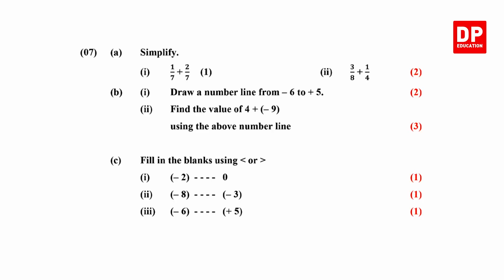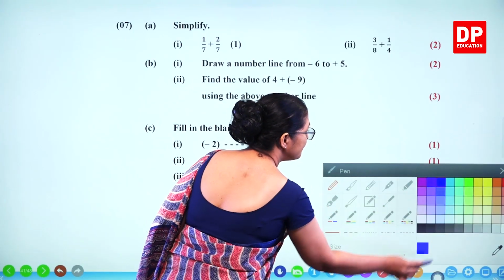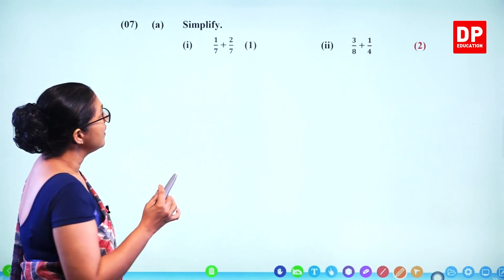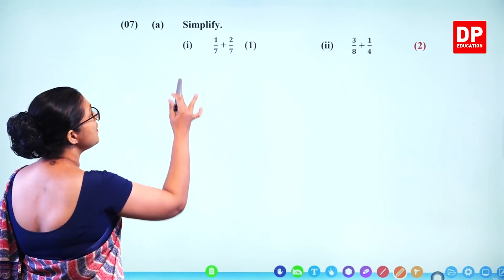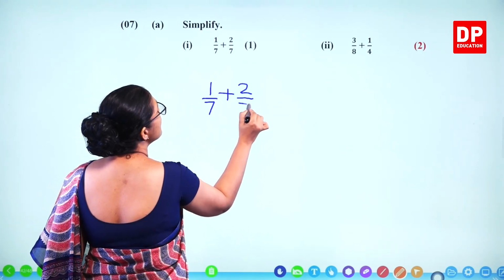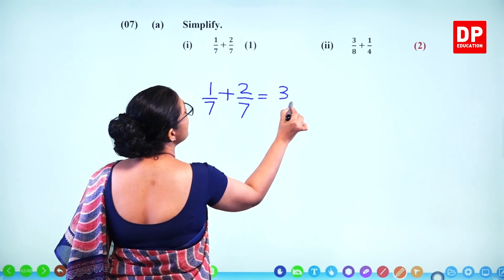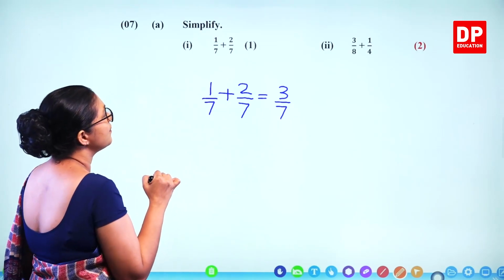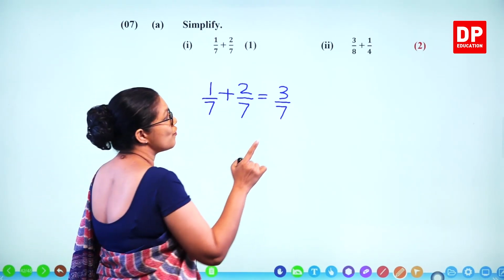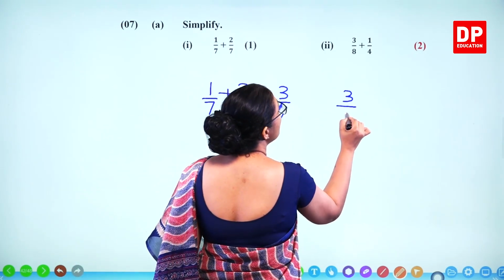Let's do the last question, question number 7. Simplify. Fractions addition with the same denominator. Just add the numerators. 2 plus 1, you get 3. So 3 over 7. Now the denominators are different, so find the equivalent fractions.